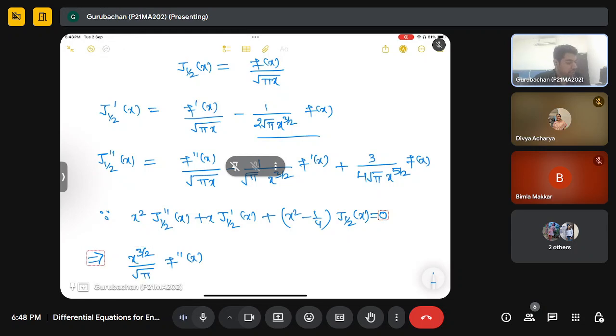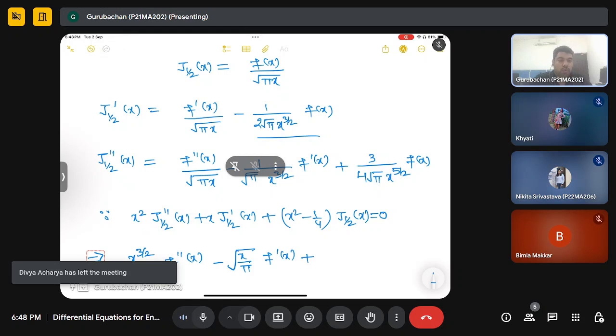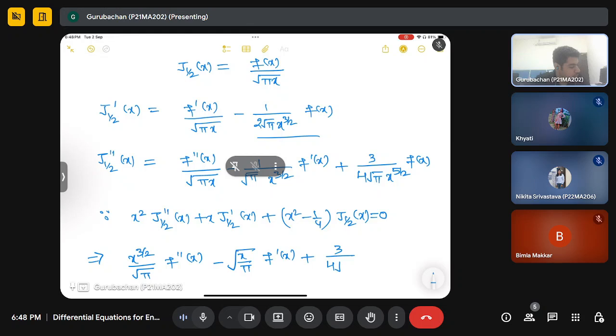Then again I'm multiplying x square with the second term, so this will give us root x by pi f dash x. If you multiply x square with the third term, x square minus 5 by 2, that is x to the power minus half, so this will give you 3 by 4 root pi x f(x).